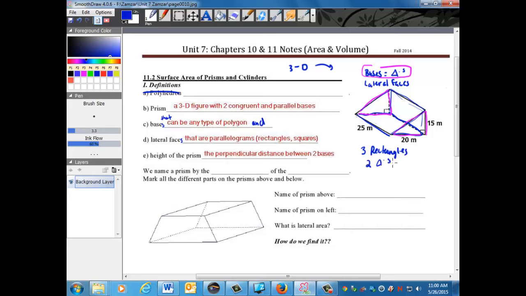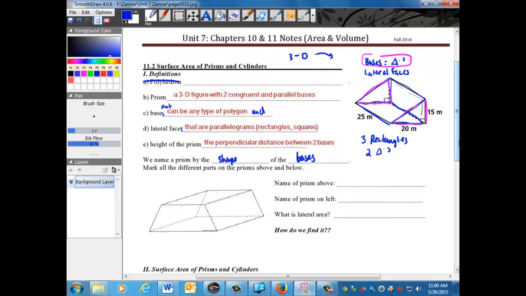And that's going to factor in how we find lateral area, surface area, and then later on when we find volume. We name a prism by the shape of the bases. And so the name of this prism up to the right is going to be called a triangular prism. The reason it's called a triangular prism is that the bases are triangles.